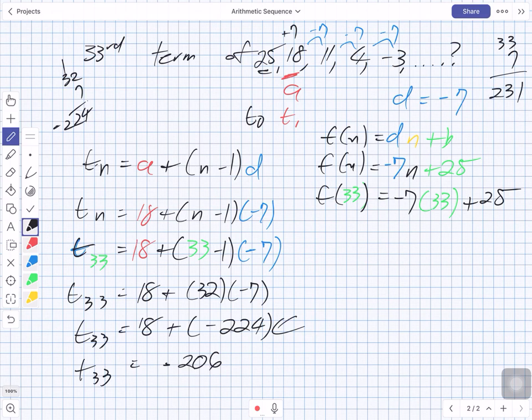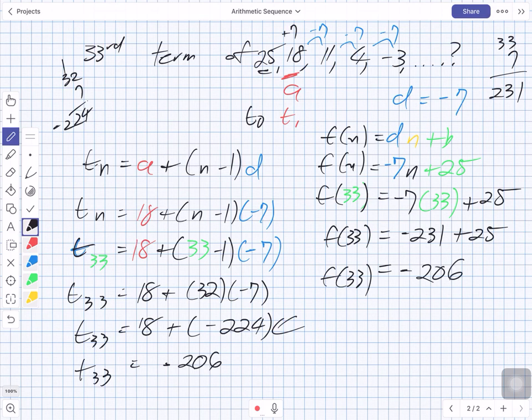I'm going to go out on a limb and say it's that. F at 33 is equal to negative 231 plus 25. What's that going to give us? -206. Great. So they're equivalent. It didn't matter how we made it.